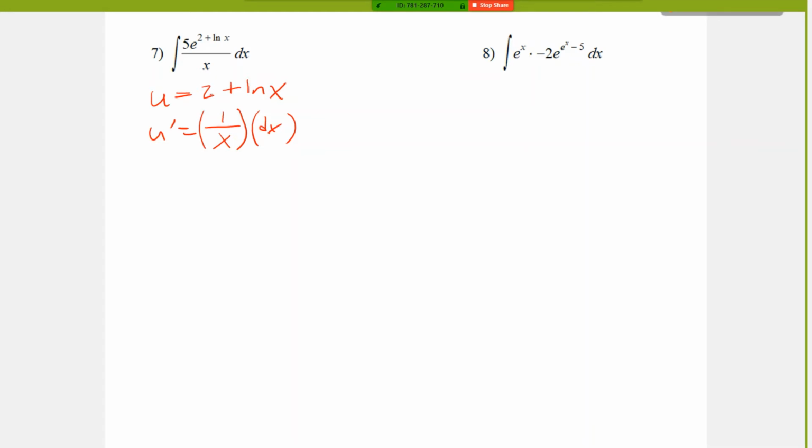Okay, so then I'm going to pull out this 5, and we'll be ready to substitute. So if we substitute, then what will happen?